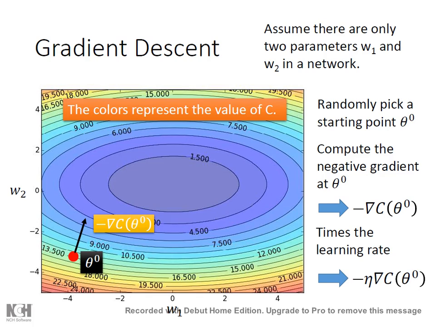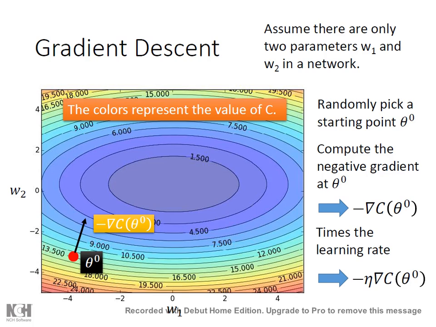Suppose this is a heat map. Heat means the value of this cost. You can see here is the lowest cost, and each circle means the error is getting larger, right?